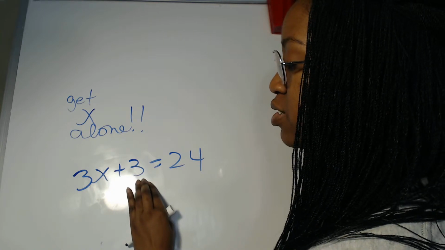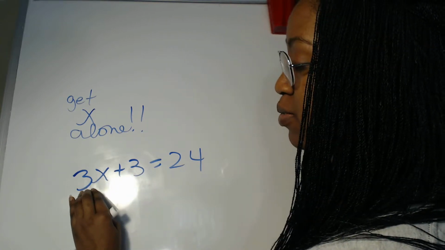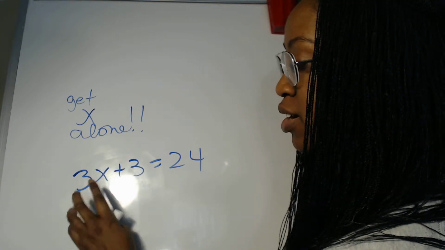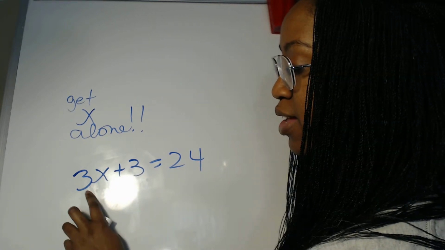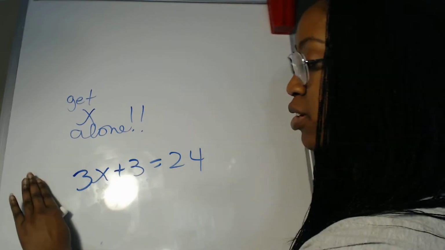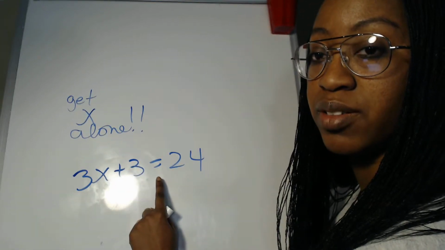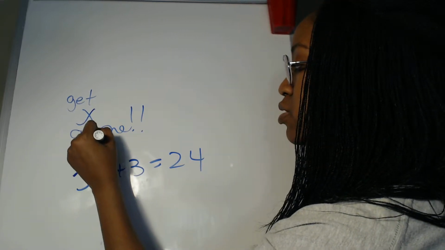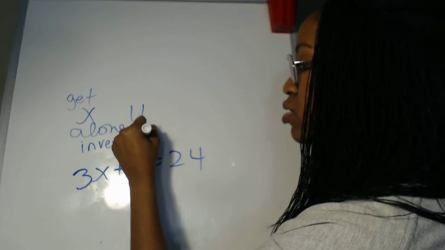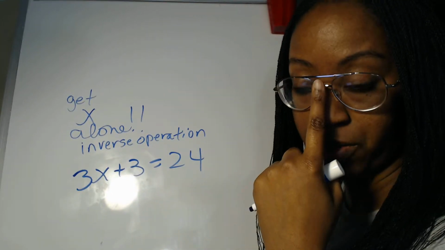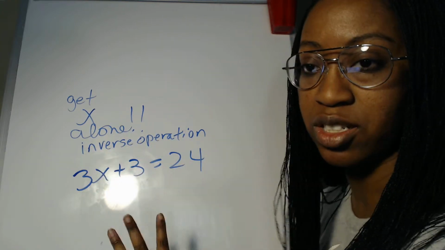There's a constant and a coefficient that's next to this variable. There's this term and this number in front of the variable. We're trying to get x completely alone on this side of the equal sign. So we got to utilize the inverse operation. We must utilize inverse operation to make the changes happen.